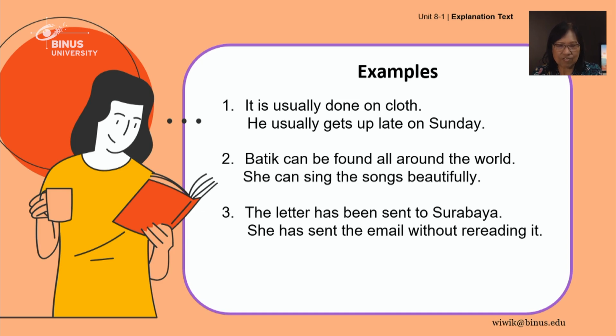If it is active, then it depends on the tenses. So you just use simple present, for example, gets up. The second one, can be found: can, and then to be, and then past participle. And then another one is can, and then verb one, the active one. And it's the same with number three. Has been sent. And if it is an active one, you just say has sent.